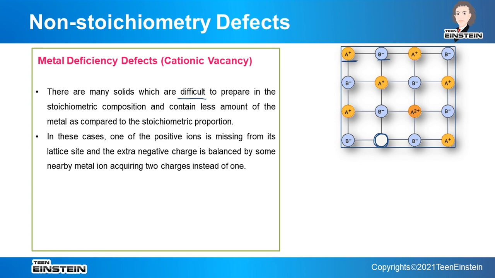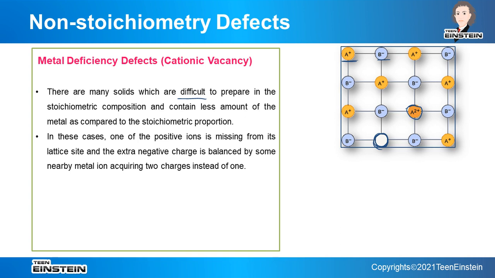Okay. So here when one A+ is missing, what happens? This extra negative charge is now extra because one A+ is missing. So to balance this, another A+ is converted to A2+.